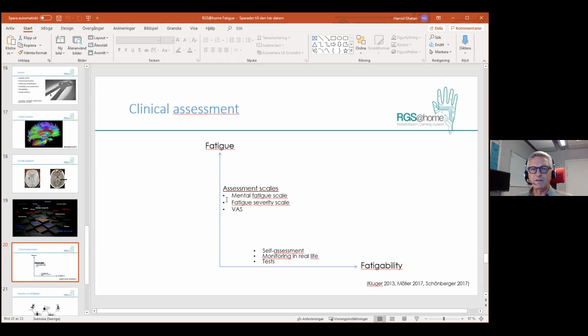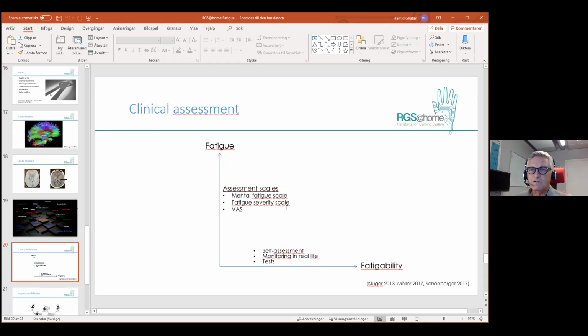And these assessment scales, for instance for mental fatigue, they also have thresholds based on the research done. For the fatigue severity scale, which has been used a lot internationally on stroke patients, the patient needs to score 4 points or above to have fatigue.